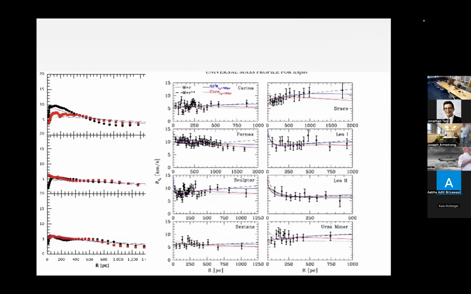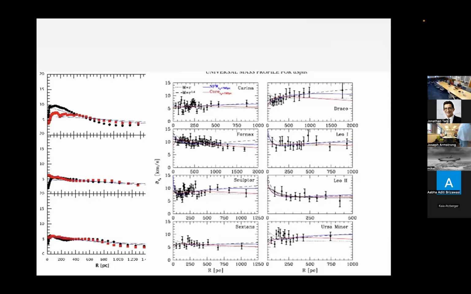And if you look at the real data, and these are the big ones where we have really a lot of velocity information: Carina, Fornax, Sculptor, Sextans, Draco, Leo 1 and 2, and Ursa Minor. And yes, there are kinks and wobbles in the measurements, which are within the error bars, so you can still fit a smooth model through it.